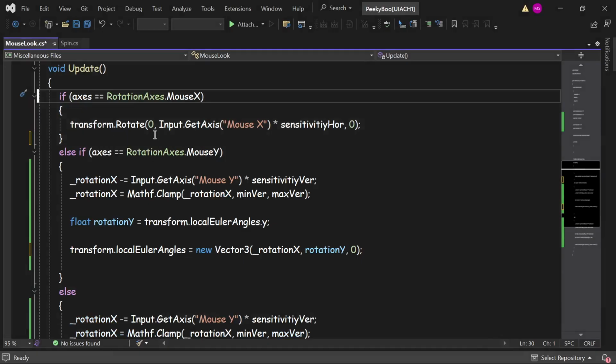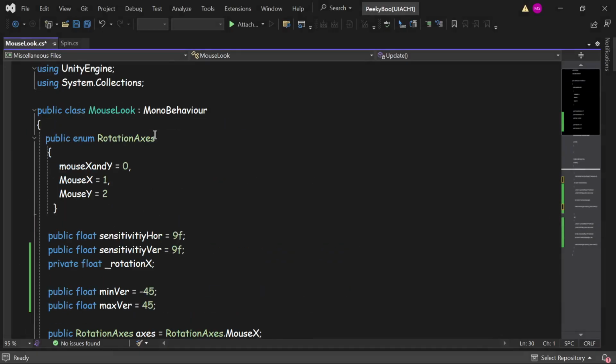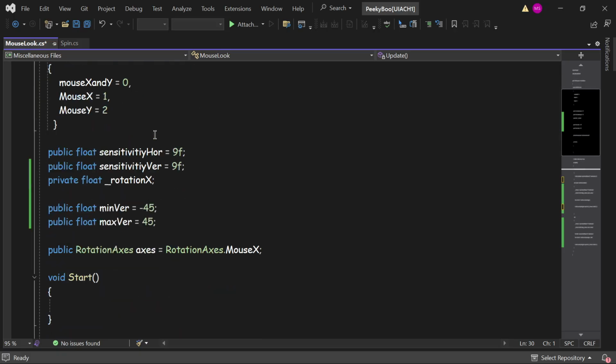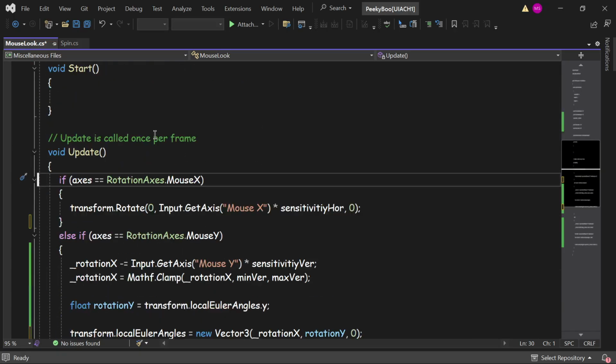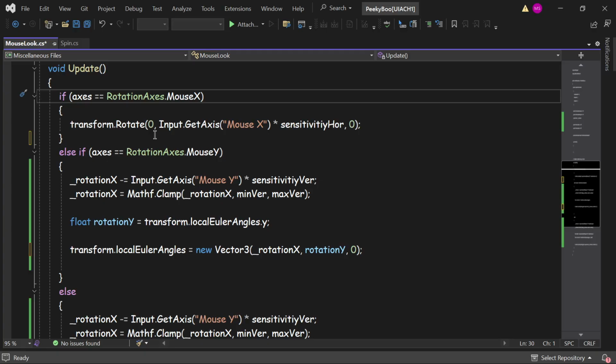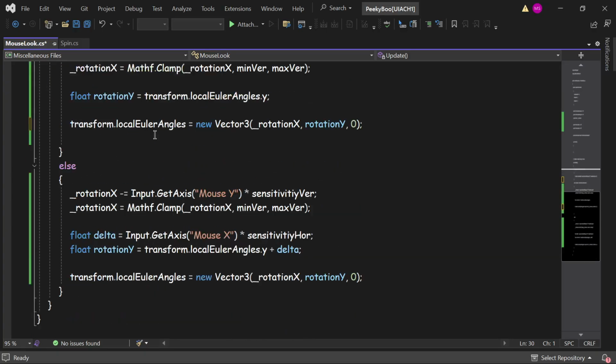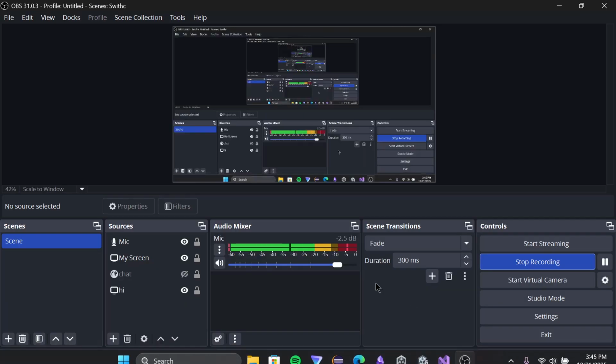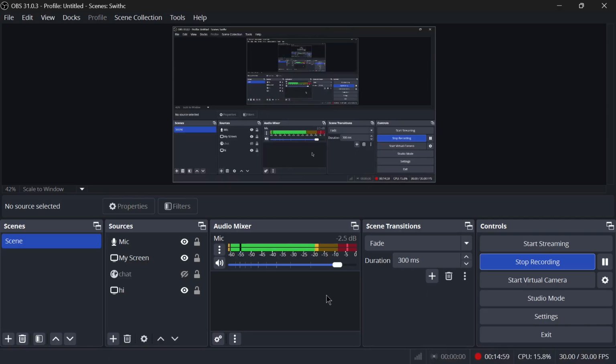I'll scroll down through the script so you can get a visualization of what's happening and think it over. We just attach this script to the camera, and we should be able to initiate that type of tilting for the camera. Okay, goodbye.